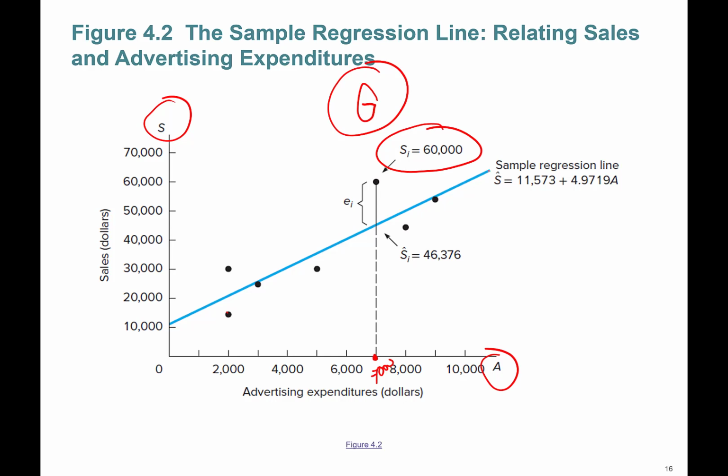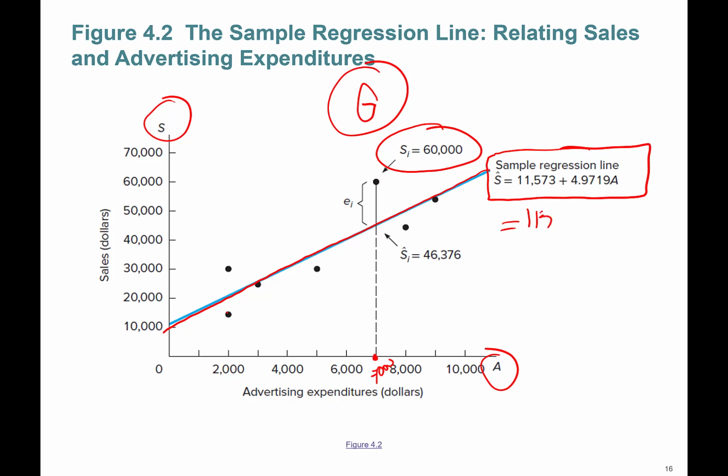But when you have the sample regression line that you estimate, the fitted regression line by estimating an ordinary least squares regression model, you are getting this sample regression line. So this gives you some predictive results, right?